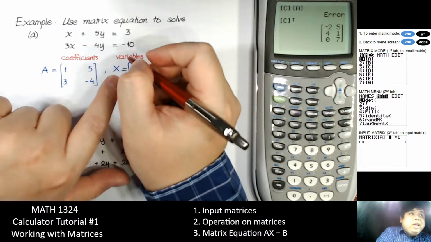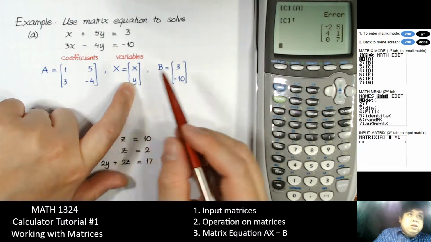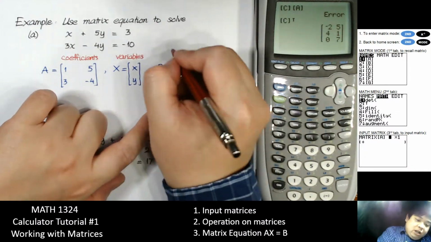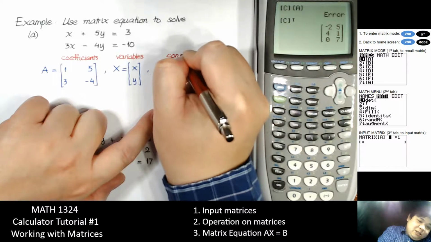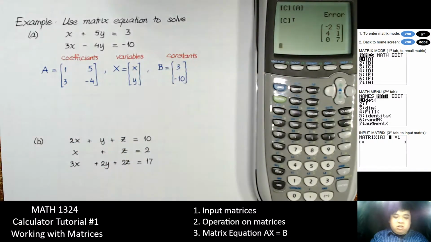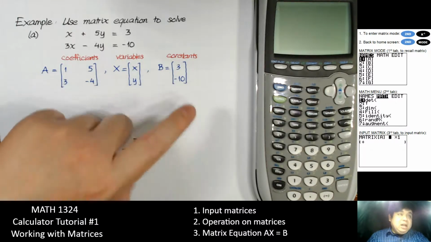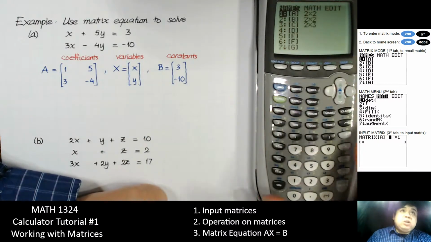Note that we cannot enter the variables into the calculator, only constants or coefficients, also constants, of course. Right. Before we put those A and B into a matrix, notice we used A and B earlier.